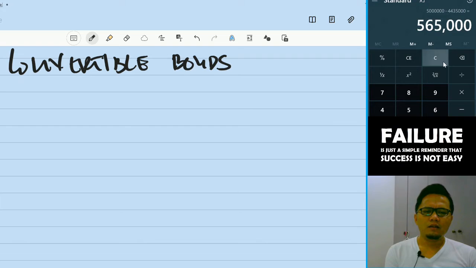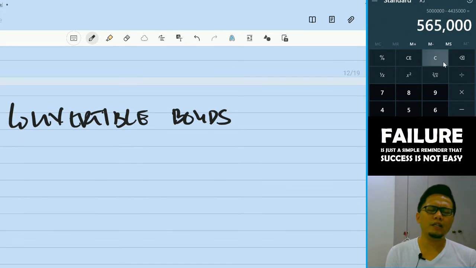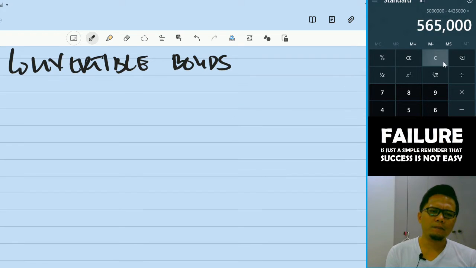Now, again, to refresh our concept, with convertible bonds, instead of paying cash, if you are the issuer, or instead of receiving cash, if you are the investor, shares of stock will be paid or received. Right?